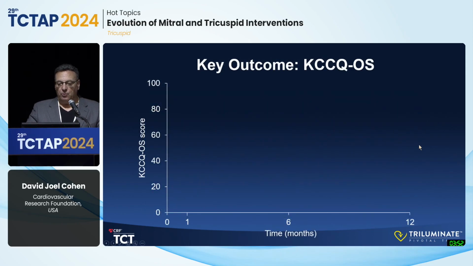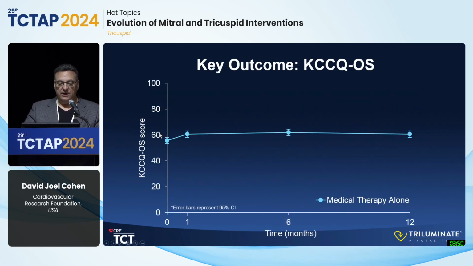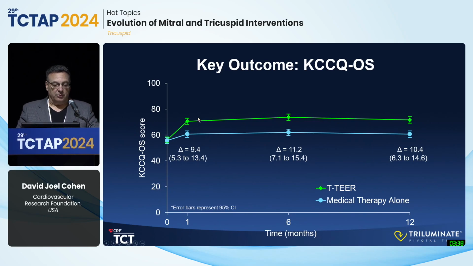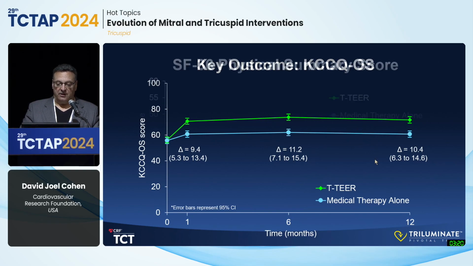The primary endpoint was the KCCQ overall summary score. Here is the control group. There was a small improvement, about 5 points compared to baseline, and then the scores stayed stable over the next 11 months. In the treated patients with the TriClip, there was a substantially greater early improvement, and that benefit was sustained really without attenuation out through 1 year, with a difference between the control and the TriClip patients of about 10 points, which is a moderately large difference, and we'll talk more about that in a few minutes.